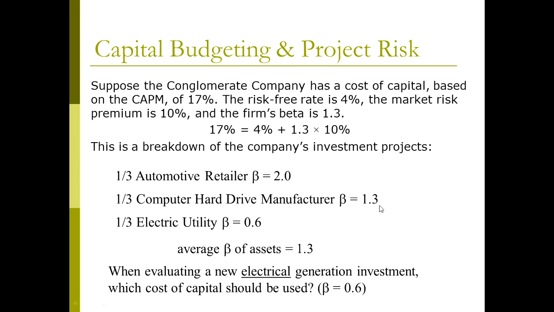Beta is 1.3. 1/3 of the projects are in electric utility. Beta is only 0.6. So the overall average beta of all the assets is 2 plus 1.3 plus 0.6 divided by 3, which is 1.3, which is also the risk of the overall company's beta 1.3.